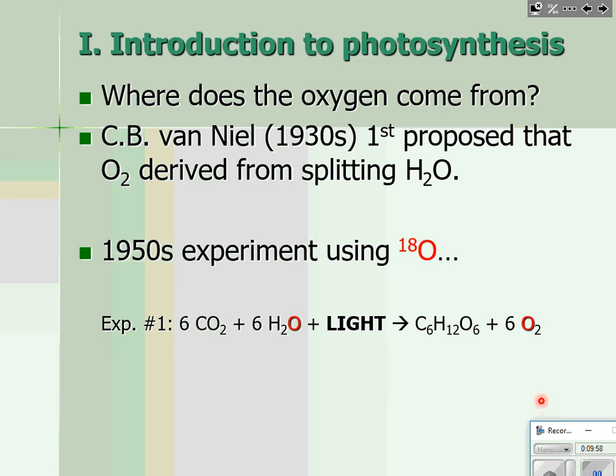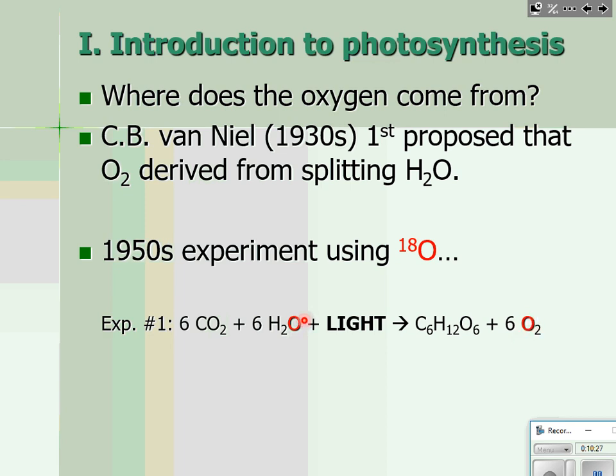So basically what these scientists found was that if they watered a plant with radioactive water molecules that had the oxygen 18 form of oxygen, the radioactive oxygen, those plants would indeed give off radioactive oxygen gas.